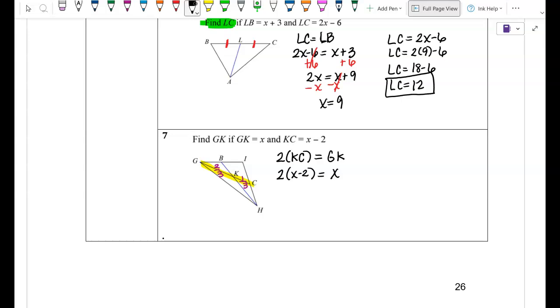I have to distribute that 2 to give me 2x minus 4 equals x. Add 4 to both sides. 2x equals x plus 4.